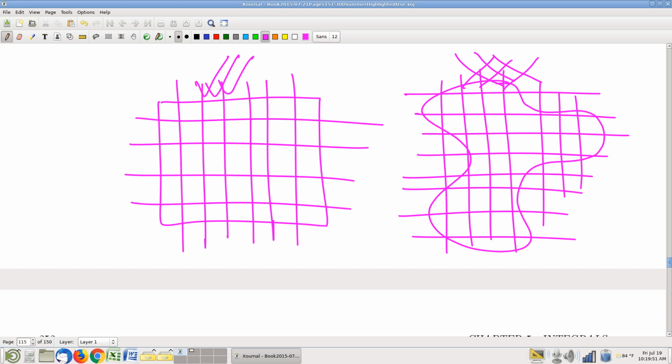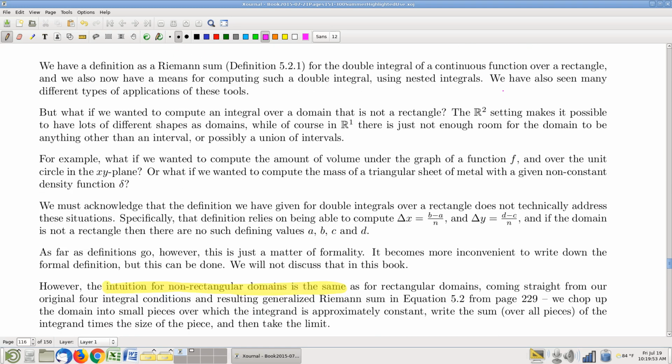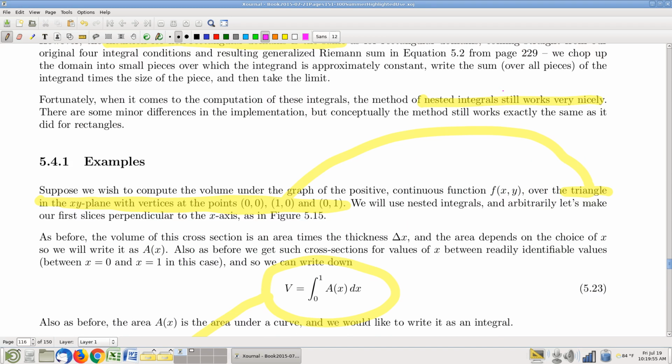Okay. Let me give you a working example of how this relates to iterated integrals. So I'm just going to go through a volume calculation again, right? Just so you can see how the slicing process works, and everything else works analogously.